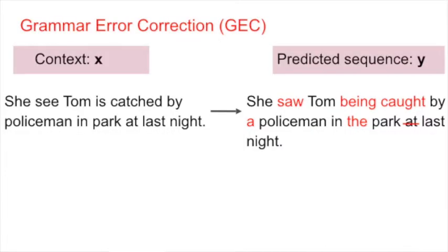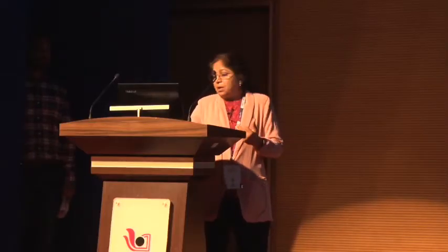And the same thing can be applied even for grammar error correction. You can feed as input an incorrect sentence, and ask it to generate a correct sentence, and again you will be training the machine to generate the correct sentence by using several examples.